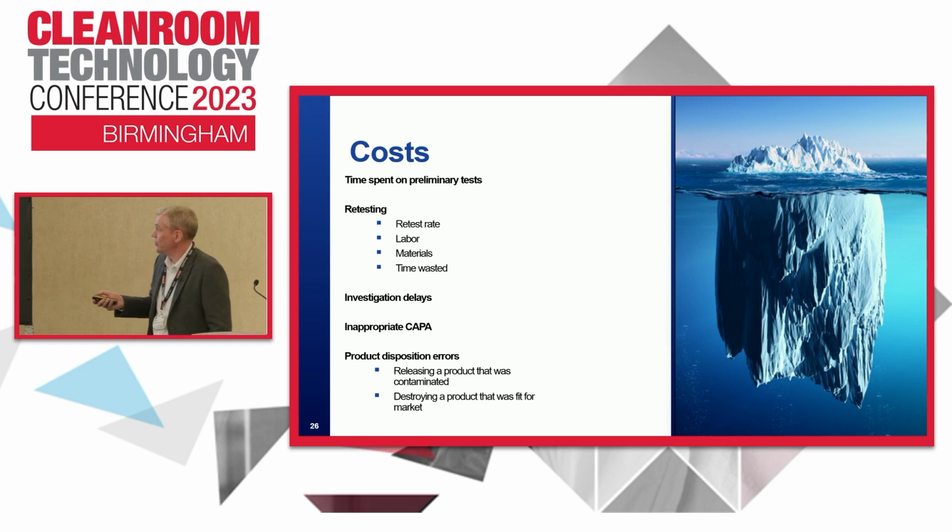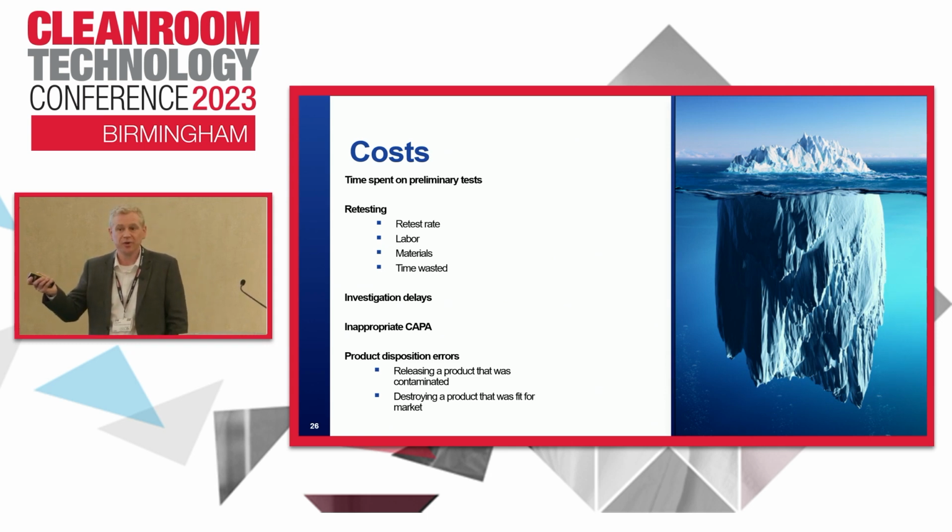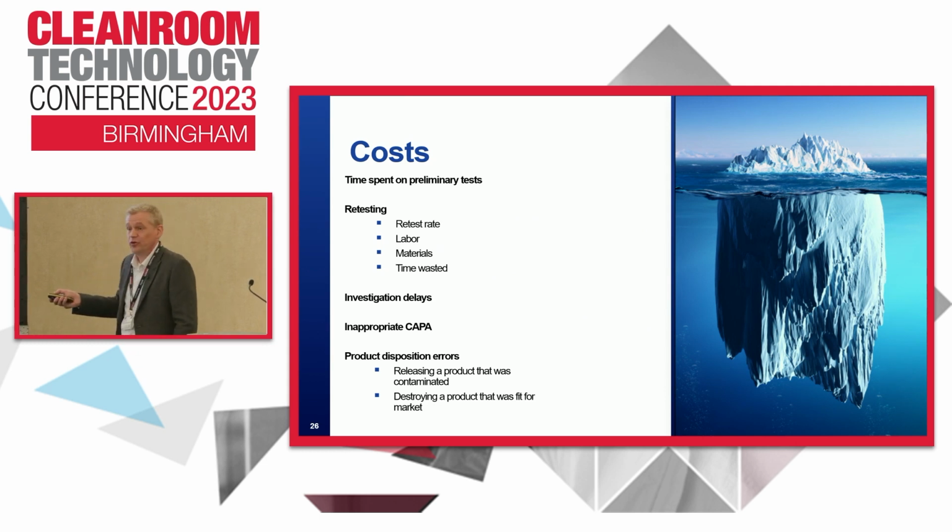Misidentifications can also lead to investigation delays. You're looking for the wrong organism in the wrong place, or you've got a no ID, you have to send it to an outsourced partner who takes 10 days to give you a result back. Time is money, especially when you're having investigations, production lines are stopped, and so on. You may end up developing an inappropriate CAPA.